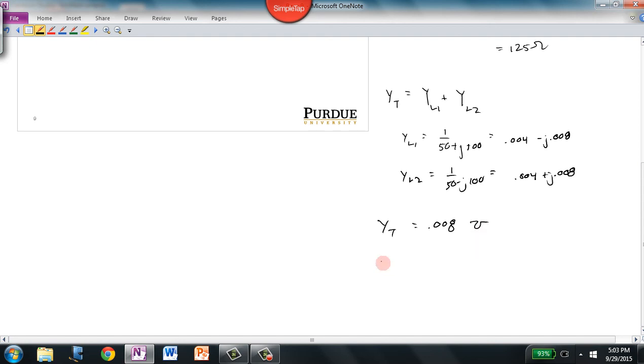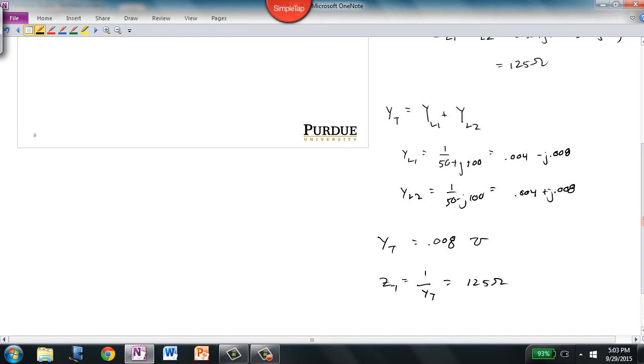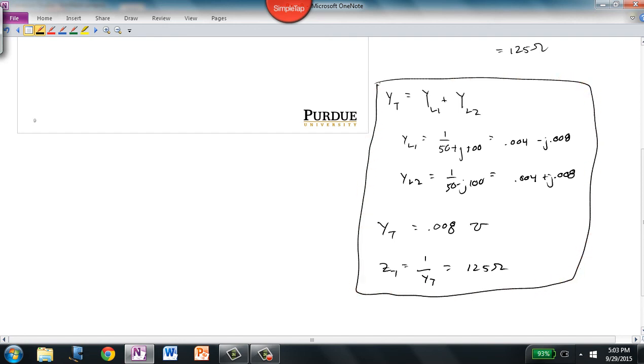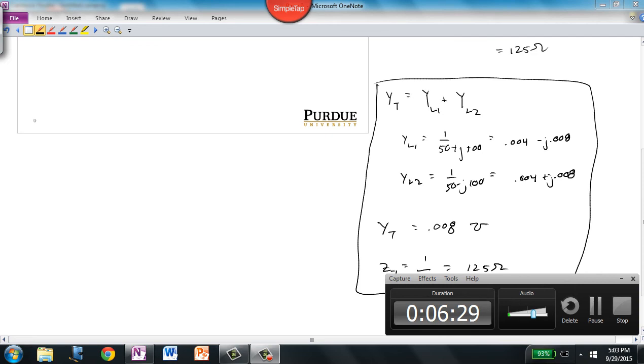If we wanted to calculate ZT, it's just 1 over YT, which is 125 ohms. So we get the same answer. We'll see for practical reasons when doing Smith chart calculations in matching networks, we tend to work on a susceptance basis or admittance basis.